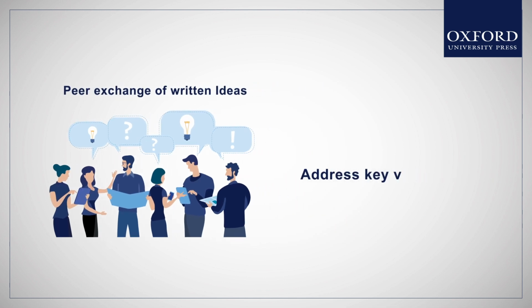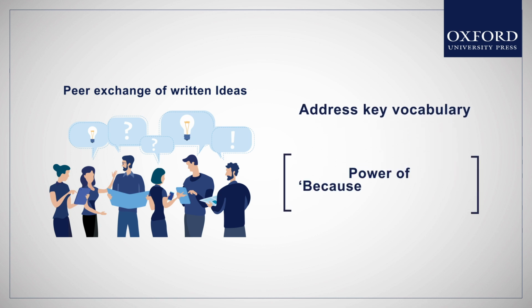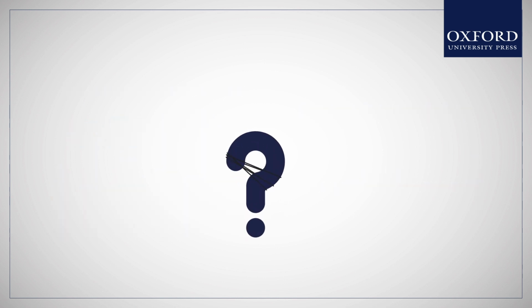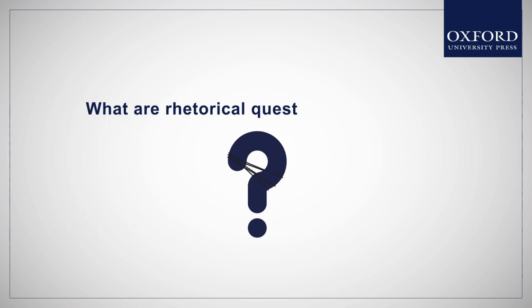And then you can address key vocabulary. So what kind of language will make their writing more powerful or more concise or clearer? Those are things that you can help them with after the first draft is done. Now let's explore each of the techniques as we go along.